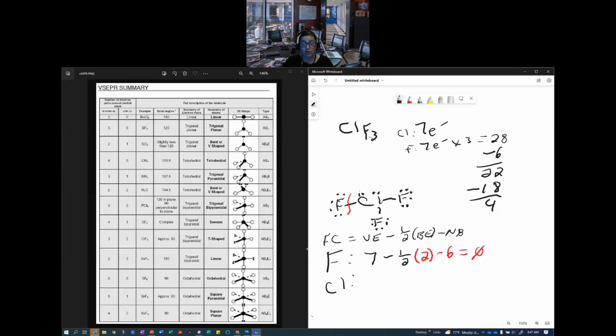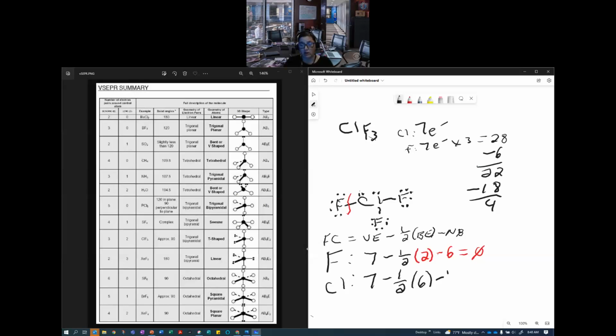Now let's talk about chlorine. We know that chlorine also has 7 valence electrons. We're going to take half of the bonding electrons. When we talk about the chlorine, he has 2, 4, 6 bonding electrons because there's 3 bonds, each containing 2 electrons, so 6 total. And then we're going to subtract the non-bonding electrons that are assigned to the chlorine, so the 2 and the 4.